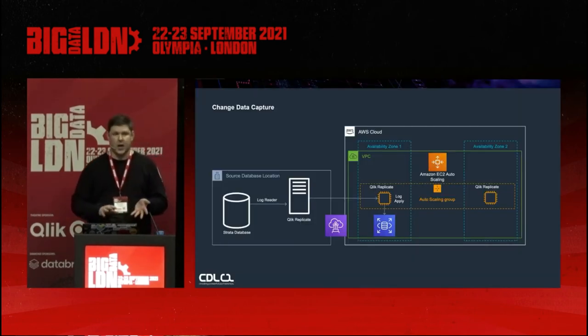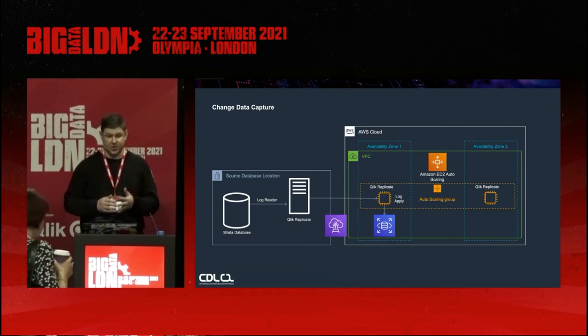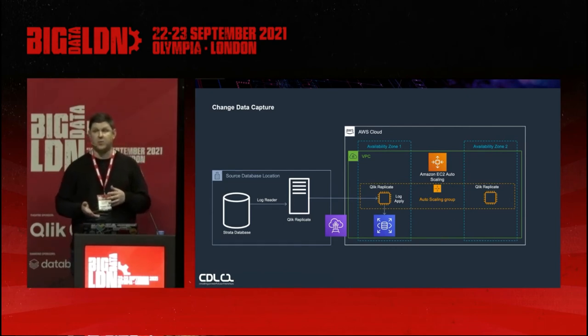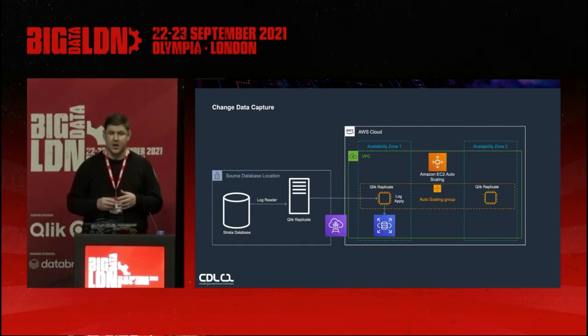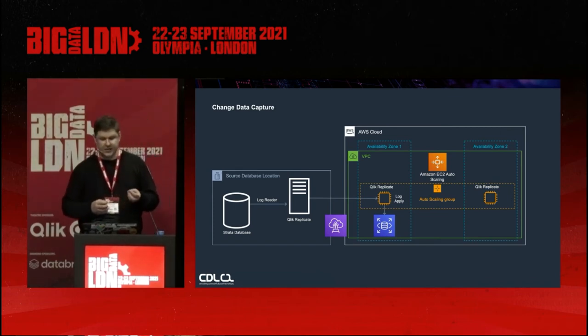So let's take a look at the architecture of the solution. With CDC, transactions are read from the source online transaction processing database and they're sent via Qlik Replicate into our data platform, which we run in AWS. And the transactions are applied to an Amazon RDS instance. RDS provides a cost-efficient and resizable database capacity.